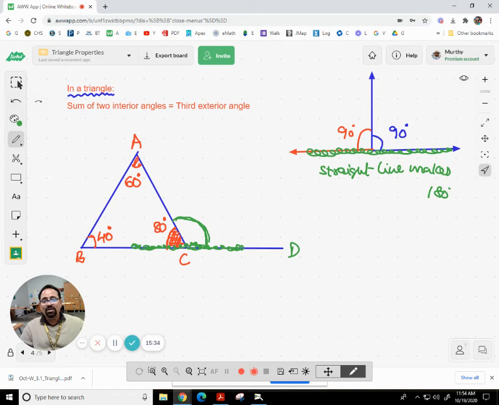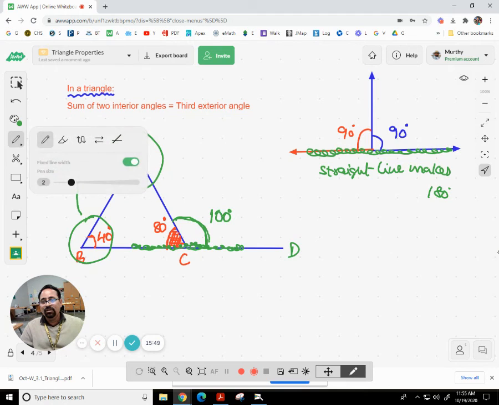If it is 100 degrees, please notice the relation. Angle A plus angle B, when you sum up, you get 100 degrees. Agreed?